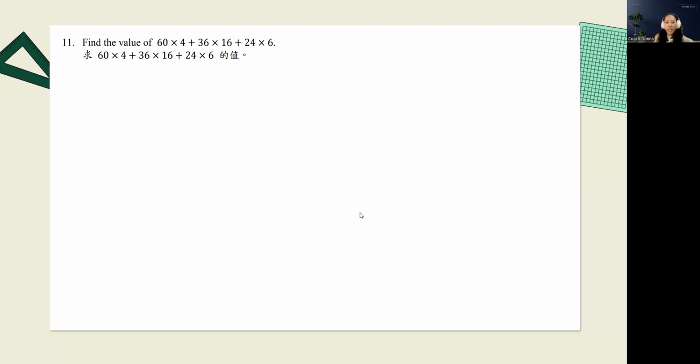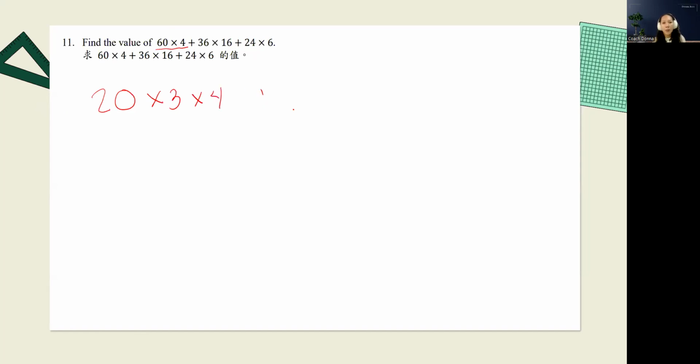For number 11, we have here this expression right here. What we're going to do is let's try to re-express it in a way that will have numbers that are easy to multiply. So you have 60 times 4. 60 times 4 can be re-expressed, as 60 can be expressed as 20 times 3, so 20 times 3 times 4.